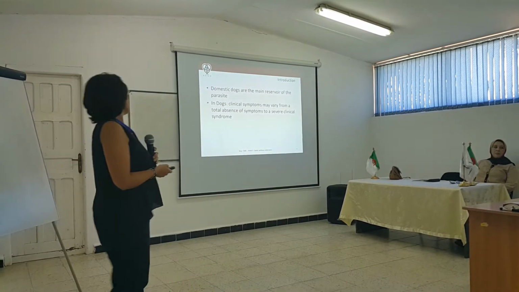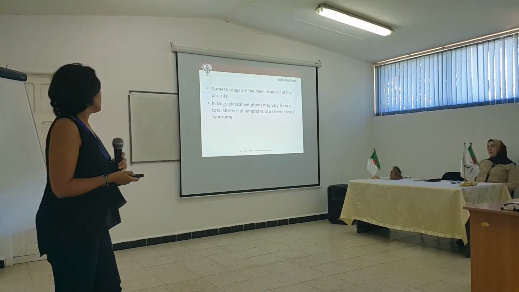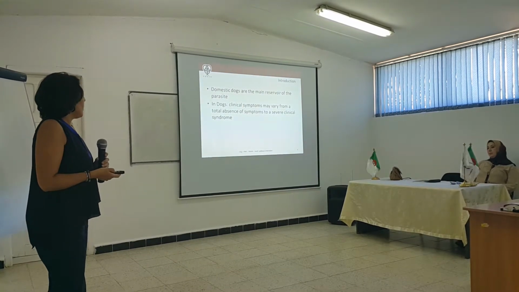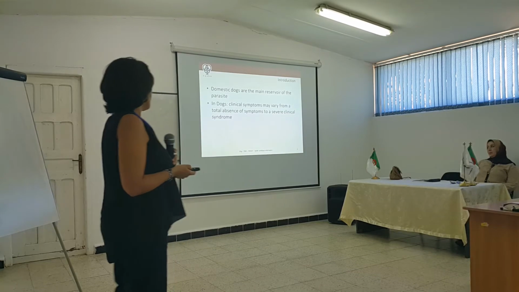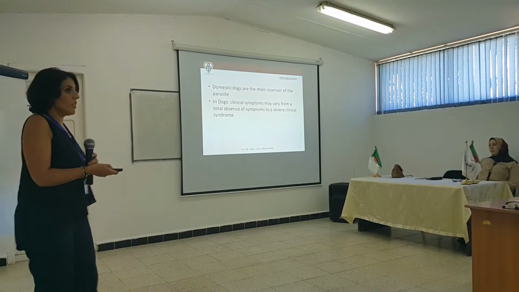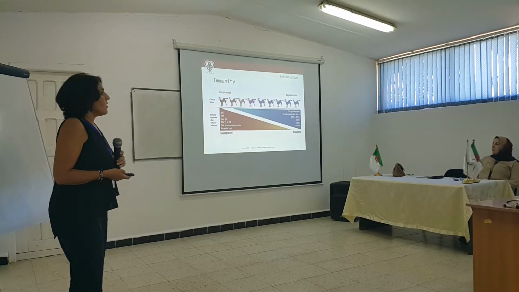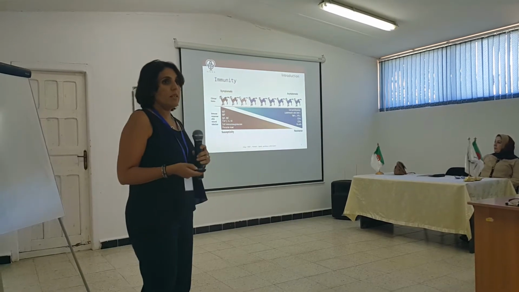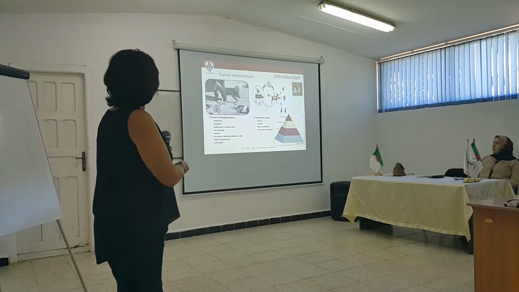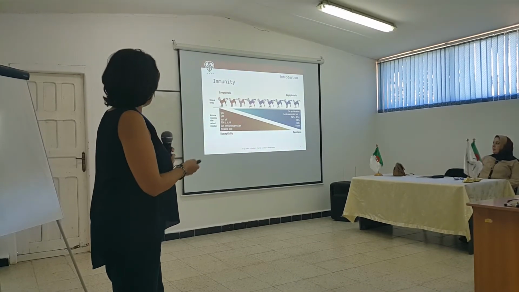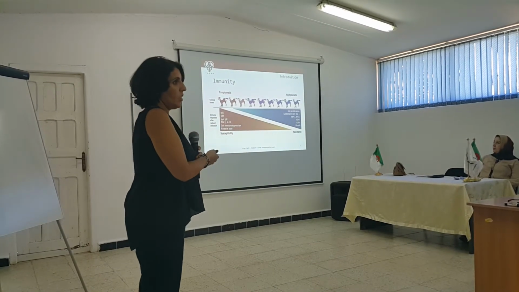So domestic dogs are known as the main reservoir of the parasite. However, in dogs, clinical symptoms may vary from a total absence of symptoms to severe clinical syndrome. This is explained by the balance of the humoral immunity and the cellular immunity.